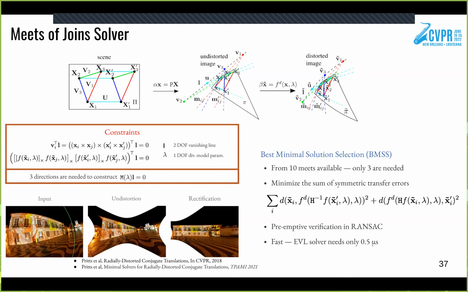There's a few details about this. In fact, you have so many constraints that you could recover additional parameters. You could recover a second lens distortion parameter, for example, because this problem is over constrained. You don't want to do that because these measurements are too noisy. So we use this abundance of measurements to select the best solution in the minimal solver.